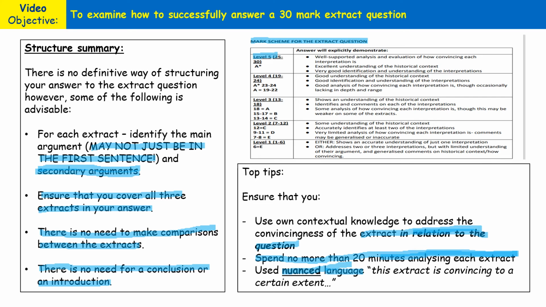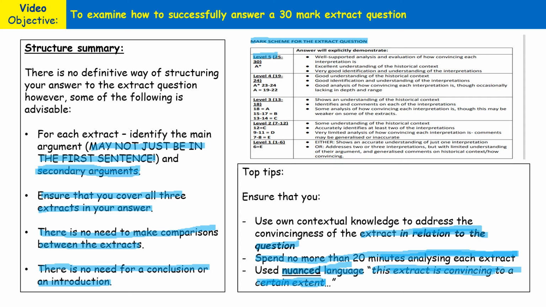So you might say, for example, this extract is convincing, but to a partial or a certain extent, or to a limited extent. And then give reasons using your own knowledge to explain and justify why each extract is convincing to a certain extent, however convincing you've decided that extract to be, and then link it back to the focus of the question as well.